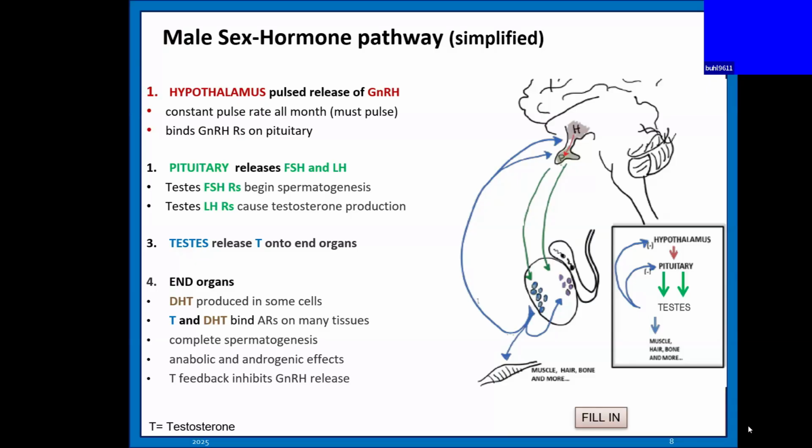So the pituitary gets activated, releases LH and FSH. The testosterone that's produced is going to then go on to those secondary organs or end organs. Those include muscle, body hair, bone growth, as well as penile growth, like anything that you associate with male sexual differentiation.